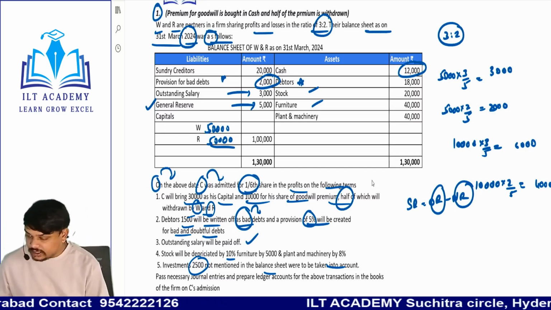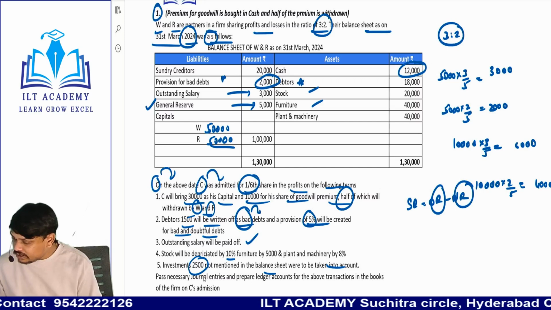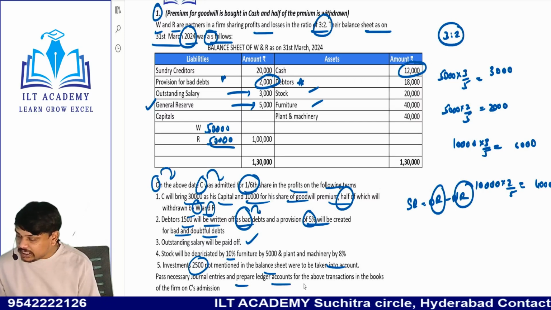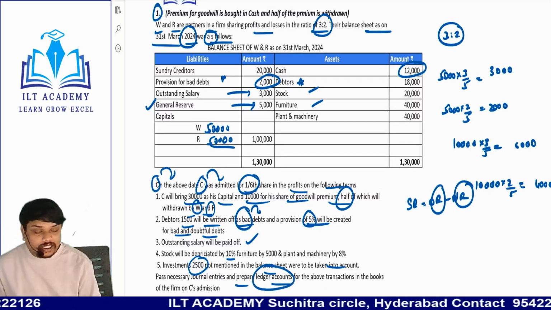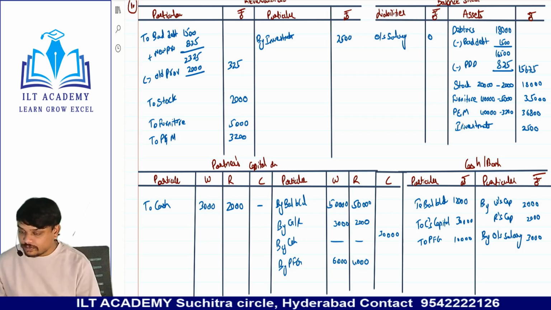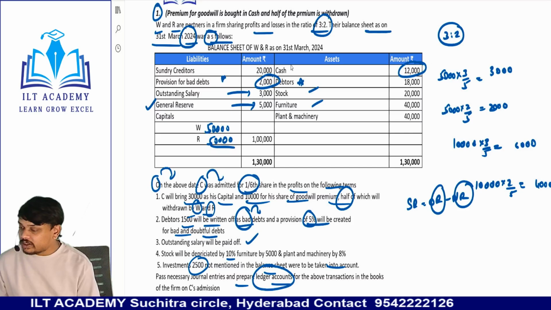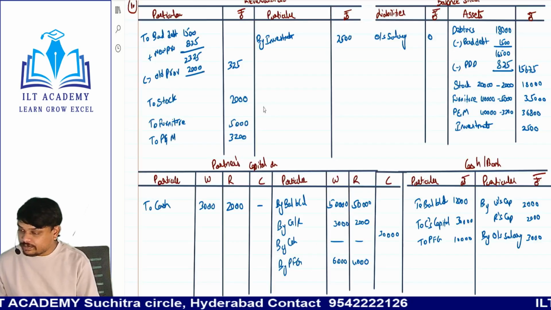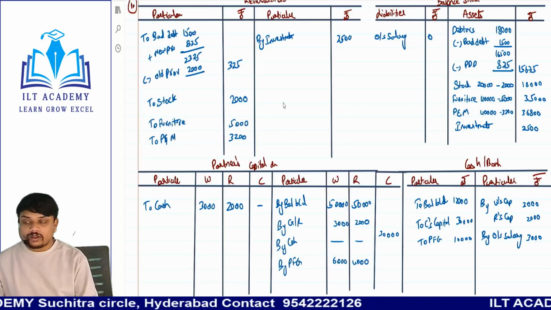Now if we check, we are done with prepare journal entries and prepare ledger accounts. We have made the ledger accounts. We will do journal entries in the next part. By investments 2,500 done. Now we are going to close the accounts.